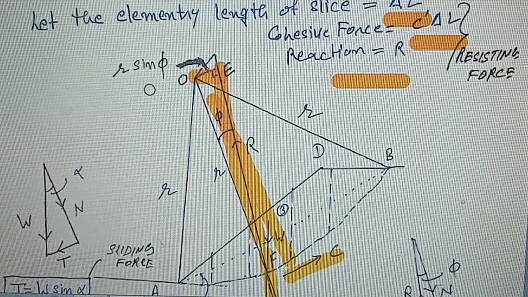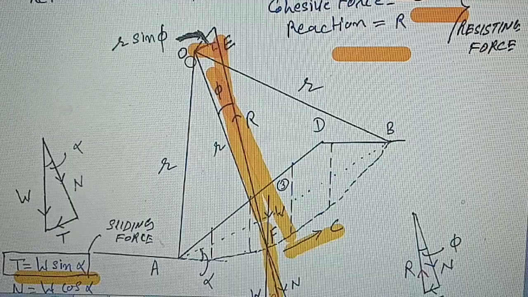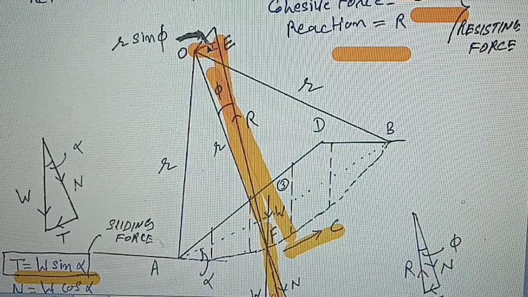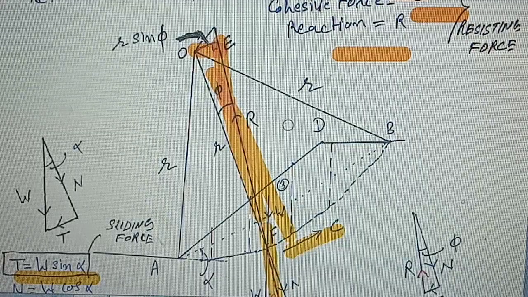We can determine the value of r sin phi if we know the value of r and phi. From this triangle OEF, the perpendicular distance in terms of r becomes r sin phi.